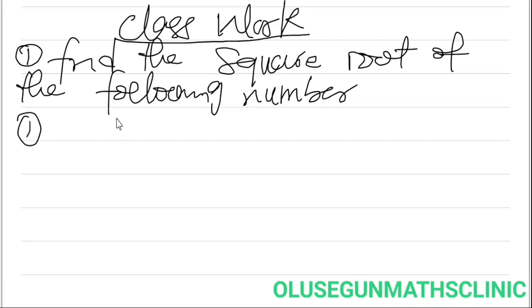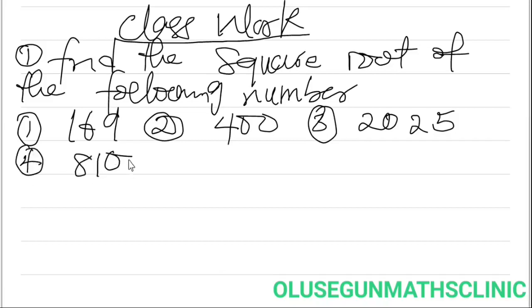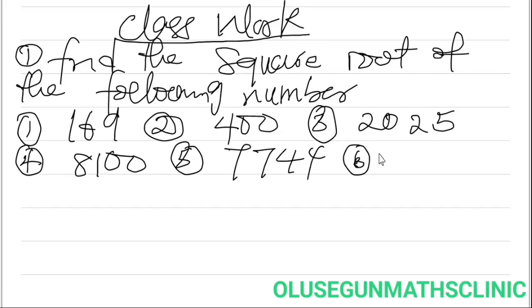We have 169, 2, 400, 3, 2025, 4, 8100, 5, 57744, 6, 2916. So find the square root.